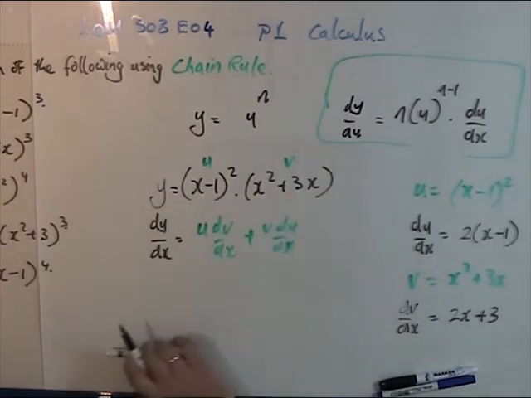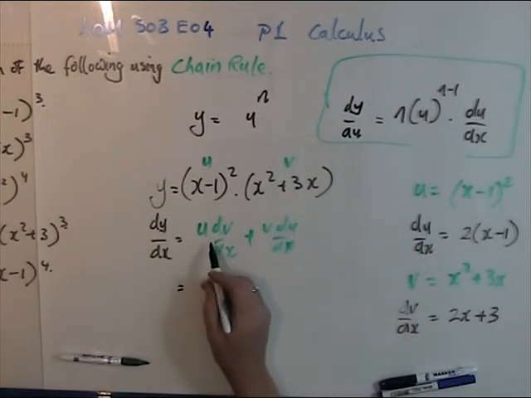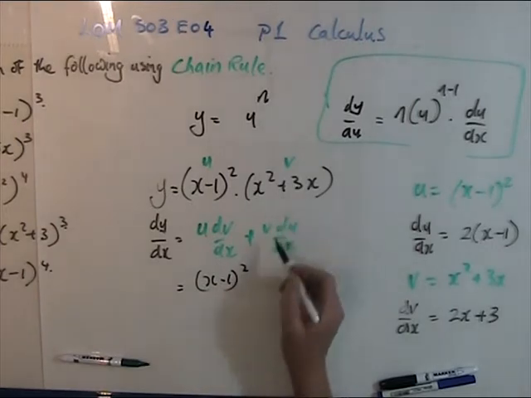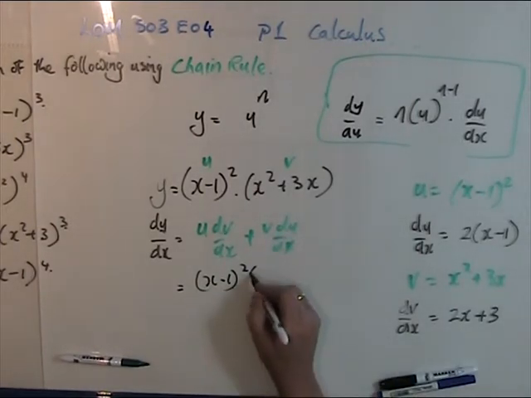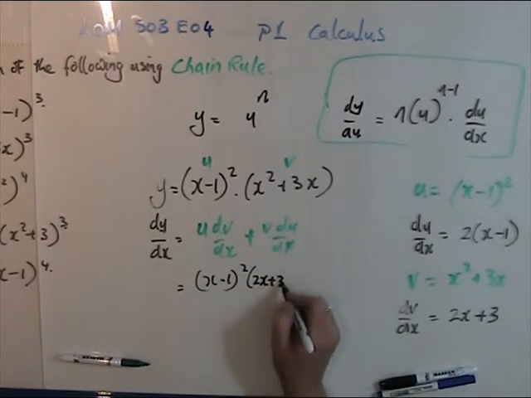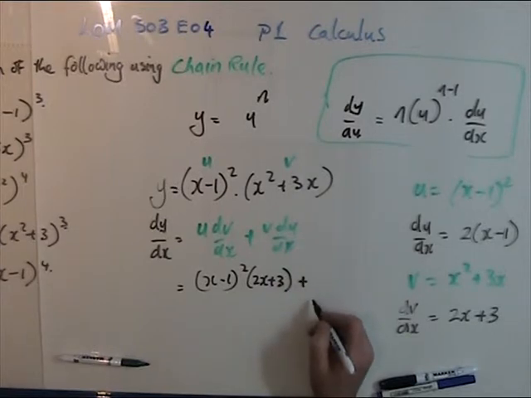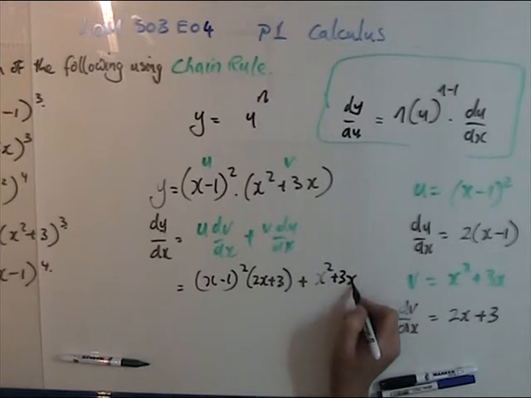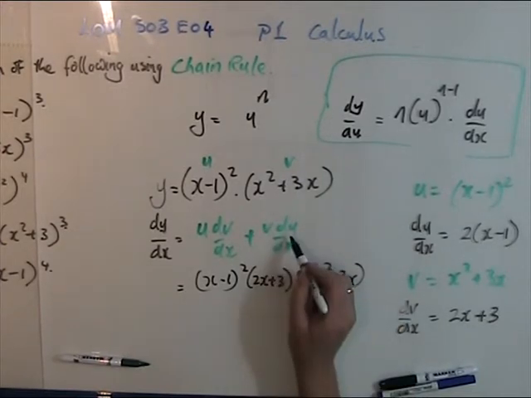So now I know I can put them in. So u is x minus 1 squared times dv dx. dv dx is 2x plus 3. So it's a big long formula. Plus v, which is x squared plus 3x times du dx.